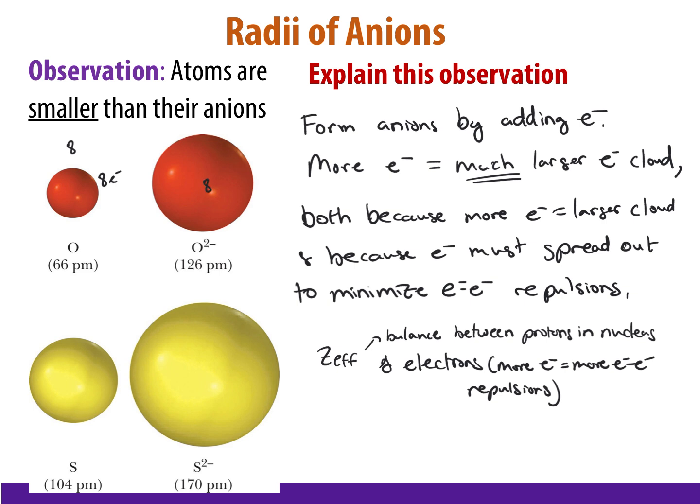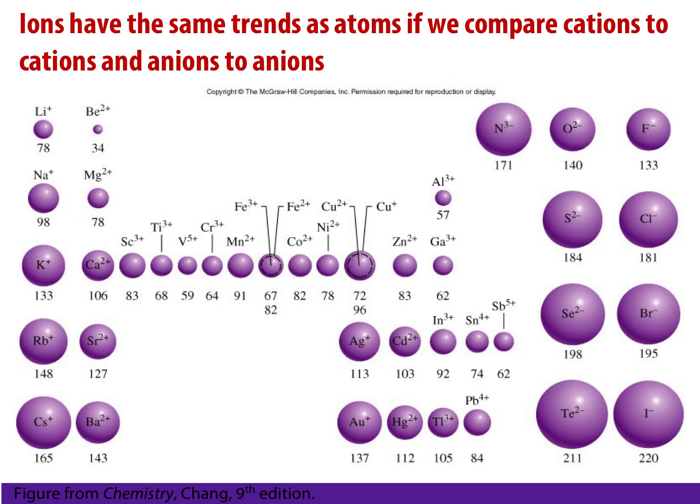For O2-, we still have 8 protons, but now we have 10 electrons. Those 10 electrons mean we have much more repulsion, and again, we have to make the atom much, much bigger when we form the anion, just to minimize those repulsions as best we can, keeping the negative charges as far apart as possible.